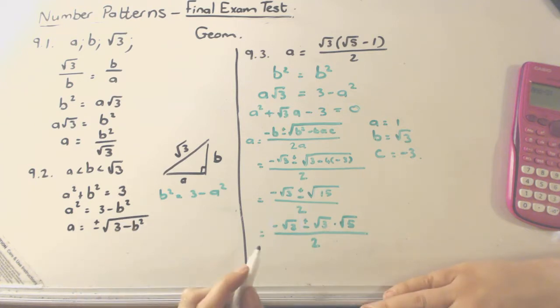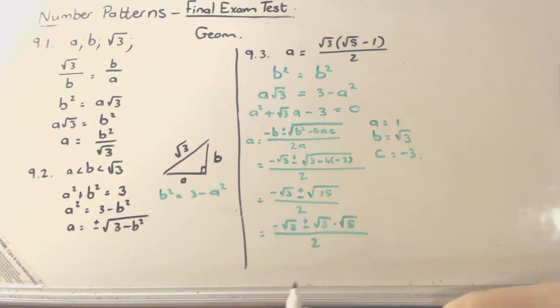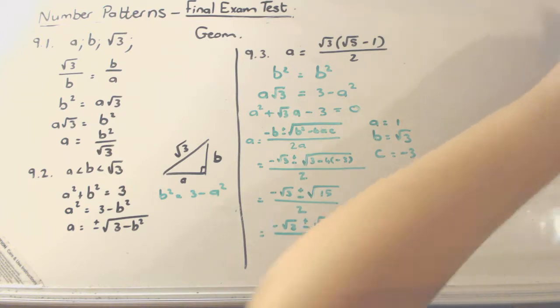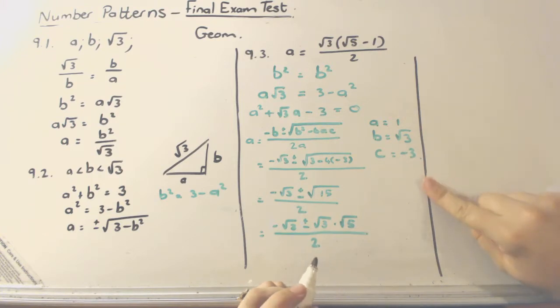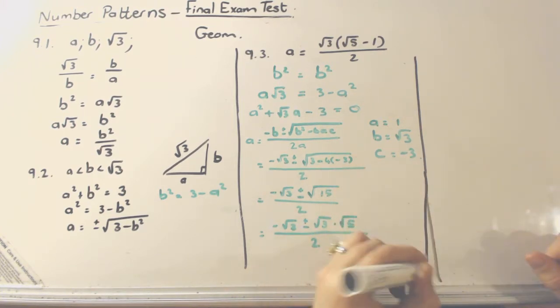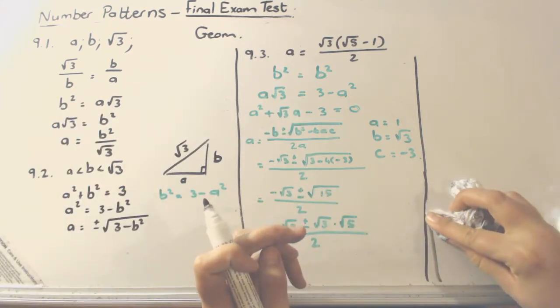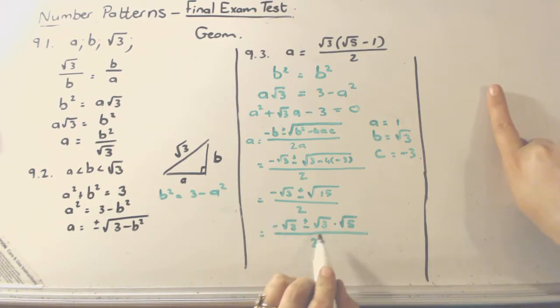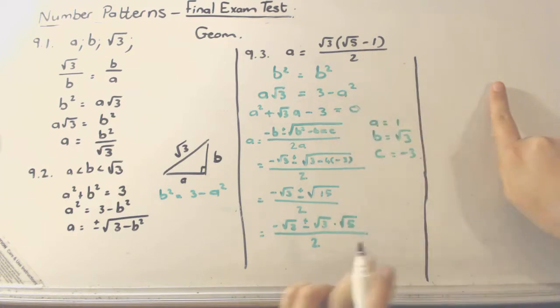Okay, and then I can take out the root 3 as a common factor. My space is a bit limited here now. Maybe I can fit it in here. So I'm going to take this term first because I see that's where this is going.